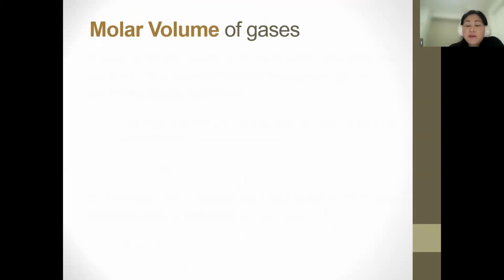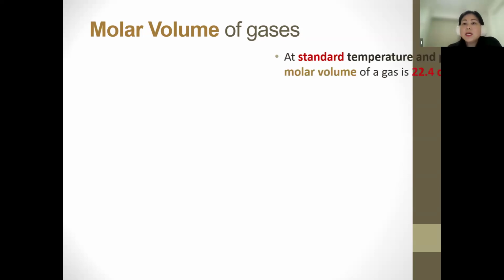Next, we also learn from Avogadro's law of gases. Avogadro states that 1 mole of any gas occupies a certain volume under a certain condition. That volume is known as the molar volume, and its actual value depends on the temperature and pressure conditions.